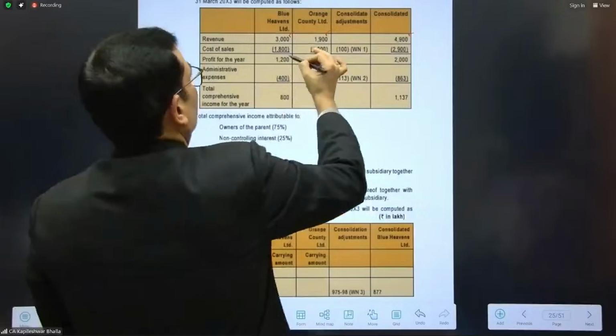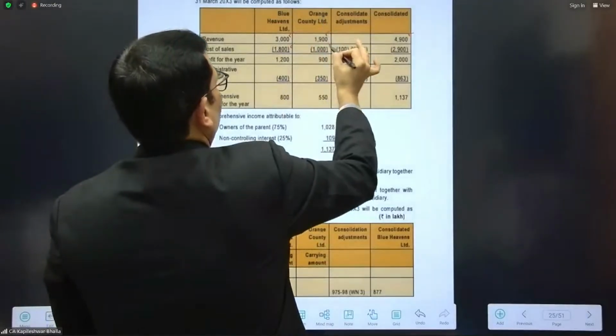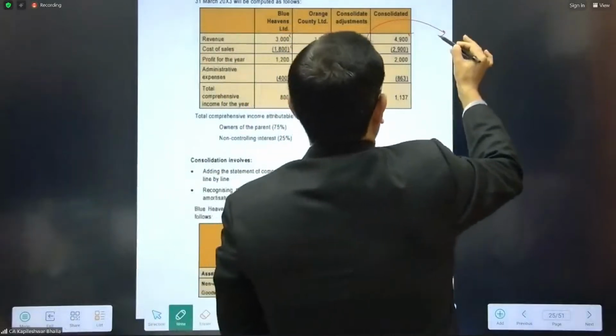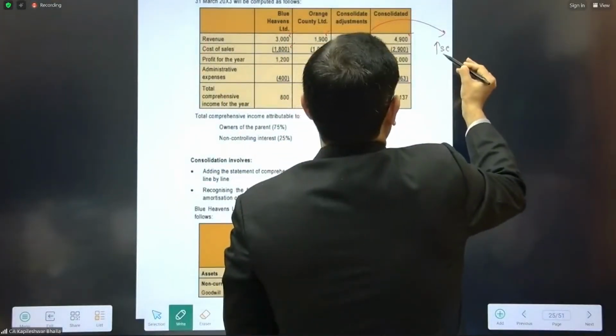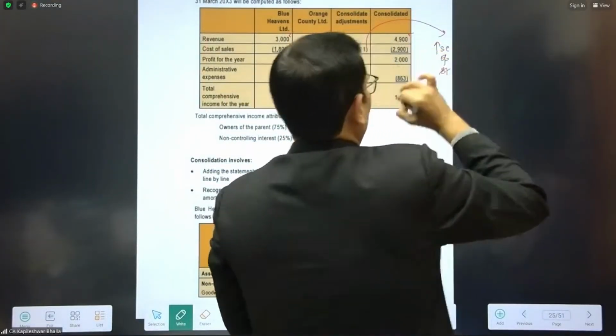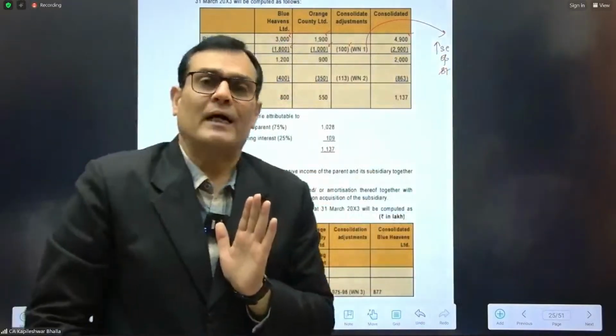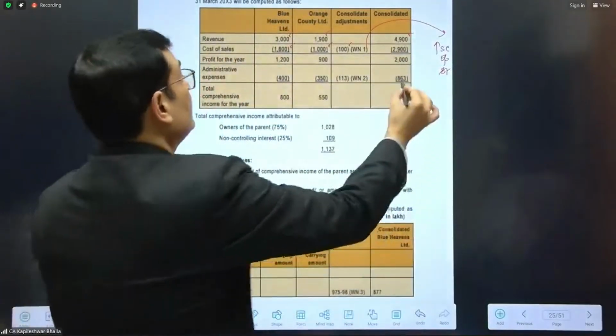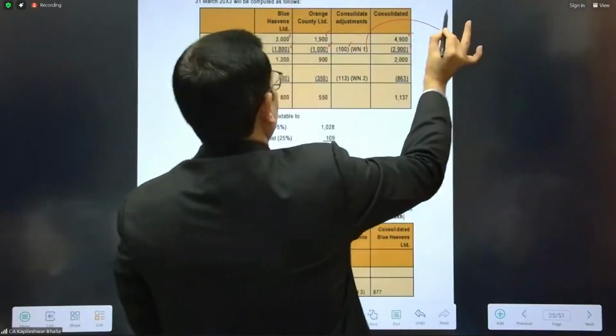Next, the cost of sales, 1,800 for the parent, 1,000 for the subsidiary, and this is the same 100 which is on account of increase in the opening stock. Since on the date of acquisition, you had taken the stock at a fair value of 600 instead of a book value of 500, this increase in stock will increase the cost of goods sold by 100.